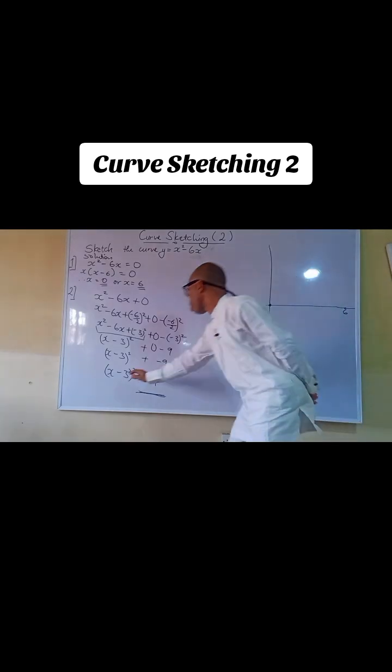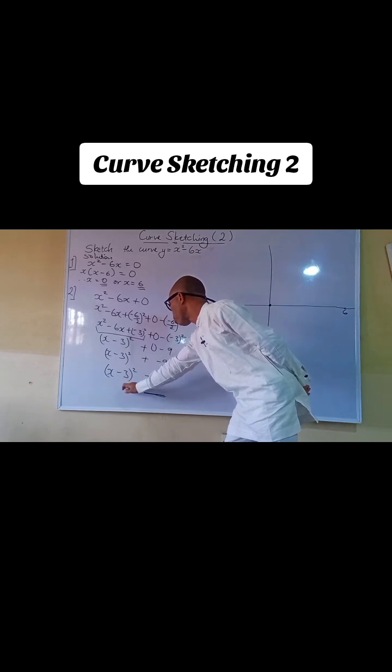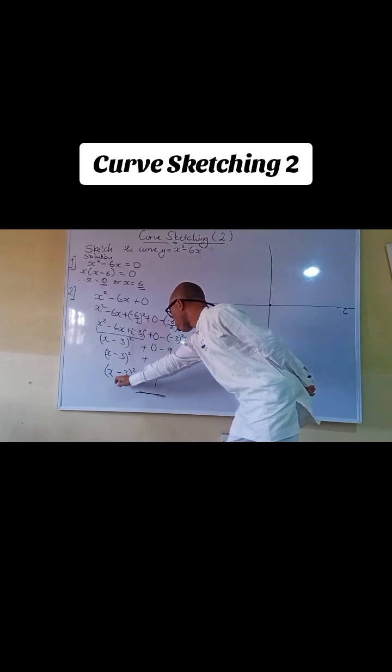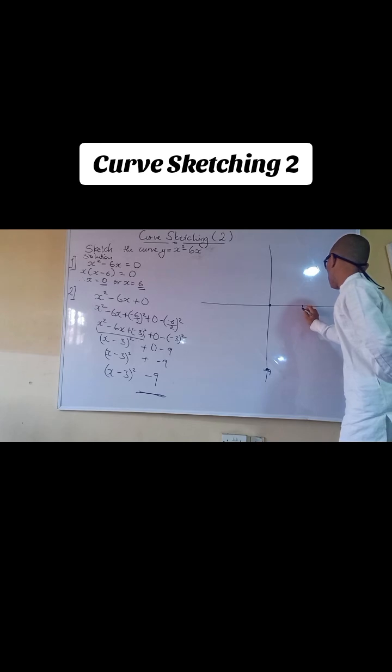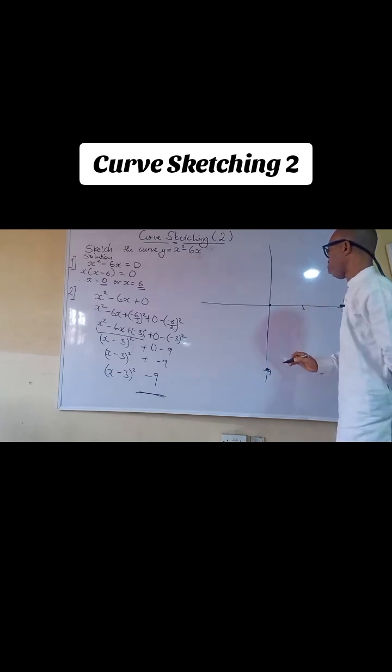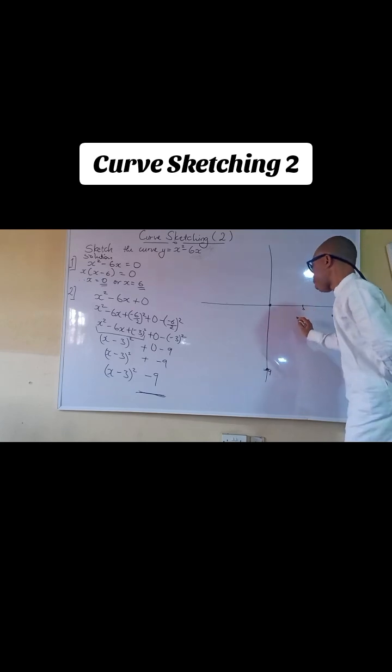So now, what is this? Minus 3, the opposite of it, which is 3. So I will have my graph.